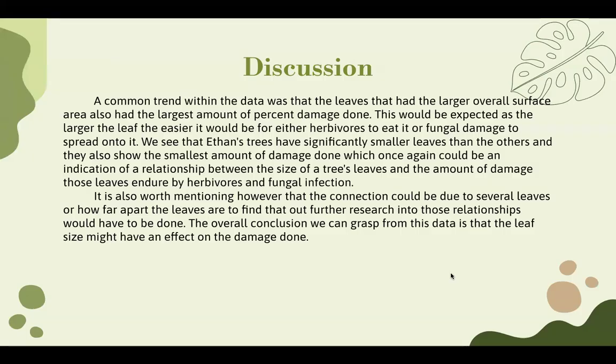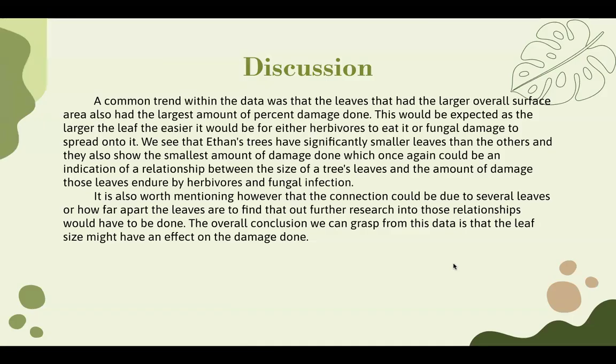It's mostly just overall damage compared to the leaves. One of the things that we couldn't determine though was whether the cause of this damage was the leaf types or locations or size of the trees. So we couldn't rule out that these were outliers just because of location or the type of herbivores around.